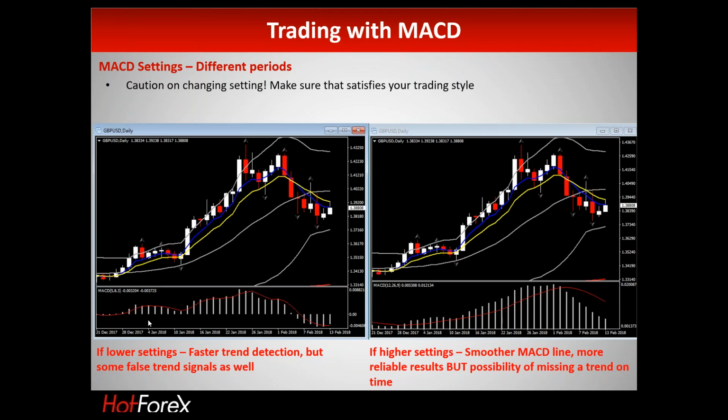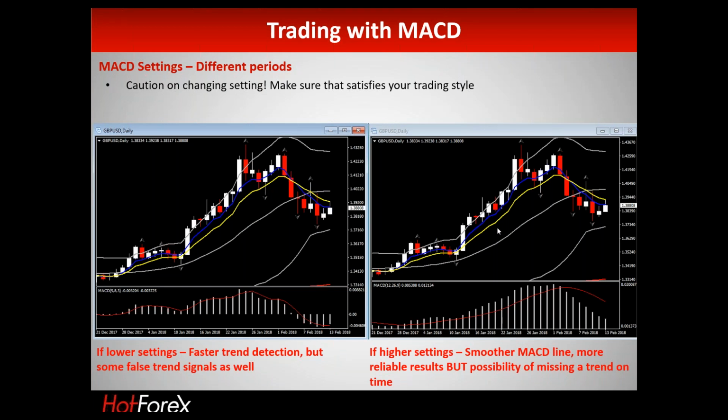Actually, in the cable, the 5, 8, and 3 that I use seems to satisfy this time frame quite well, because you see over here the MACD went below signal, so that was a negative bearish signal, and it did happen. It went downwards. So for this asset, it seems that the fact that I reduced the settings was good.